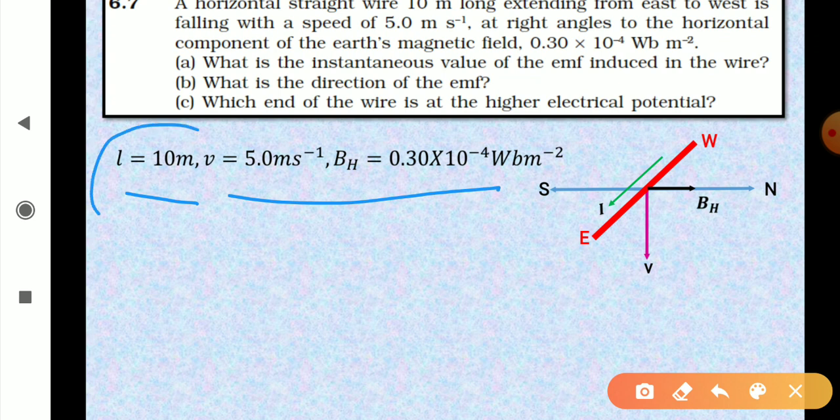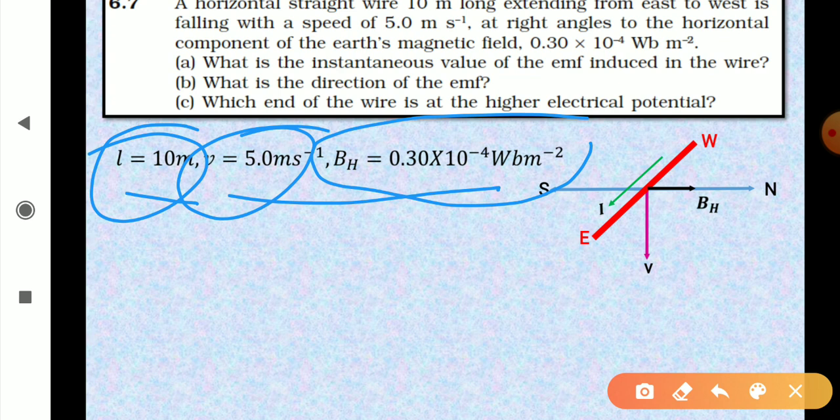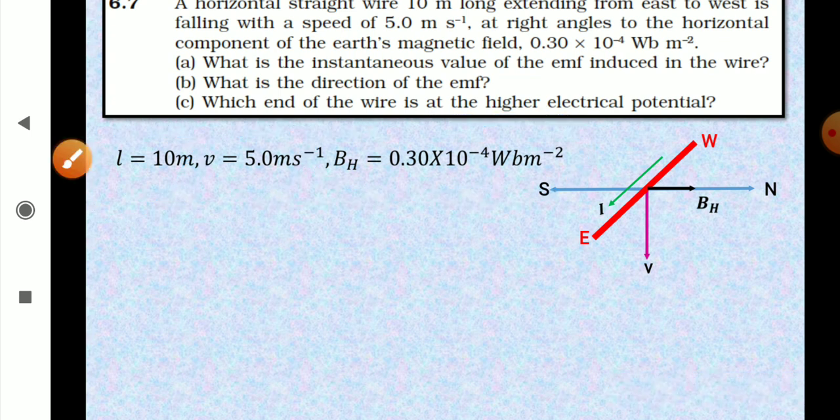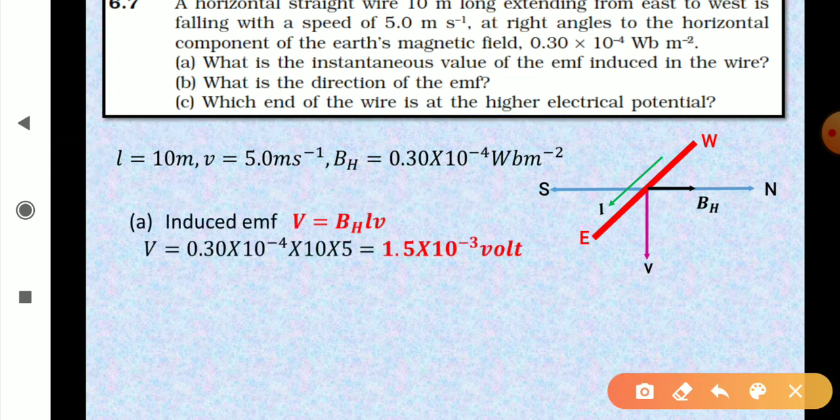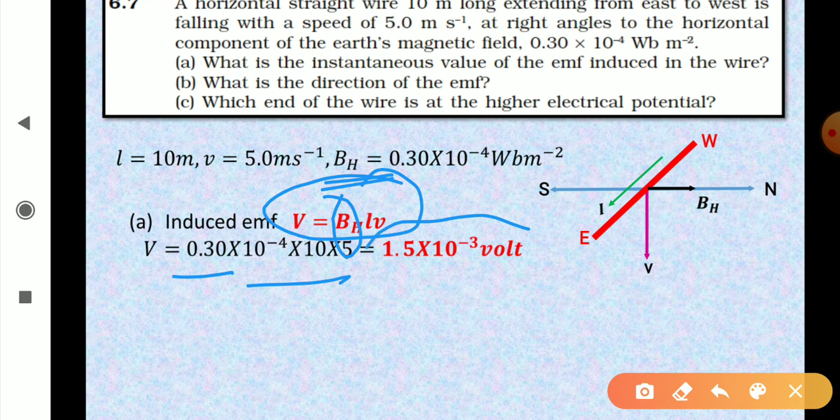L is 10 meter, velocity is 5 meter per second, the horizontal component of Earth's magnetic field is 0.3 × 10^-4 Weber per meter square, and induced EMF is BLV, where the value of magnetic field is the horizontal component of Earth's magnetic field. Putting all the values and simplifying, you get 1.5 × 10^-3 volt.